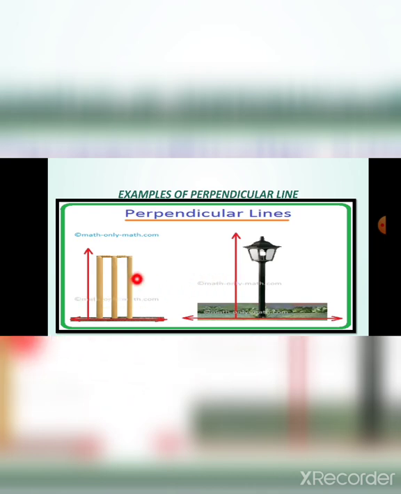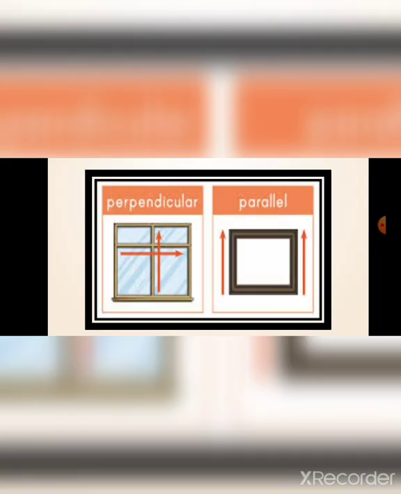So that is why they are examples of perpendicular lines. Now some other examples of perpendicular lines are the window of our house, and the parallel line example is the blackboard, which we use in our day-to-day life.